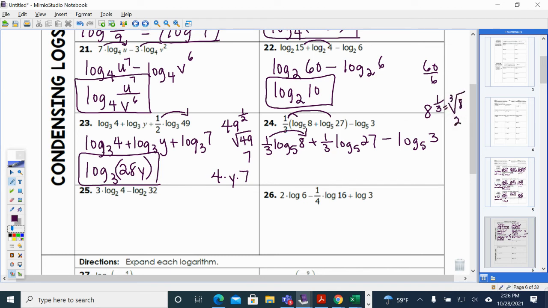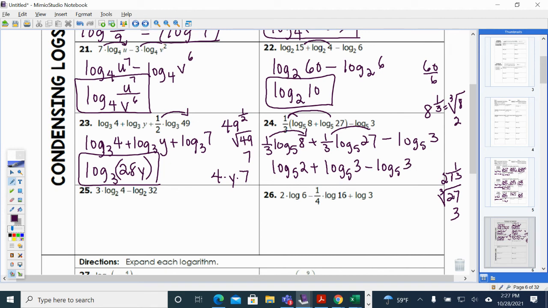which is 2. So this first one becomes log base 5 of 2 plus, same thing's going to happen here. We're going to change that to 27 to the 1/3 power, which is the cube root of 27, which is equal to 3. So the second log becomes log base 5 of 3 minus log base 5 of 3.